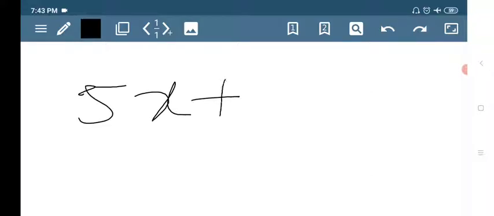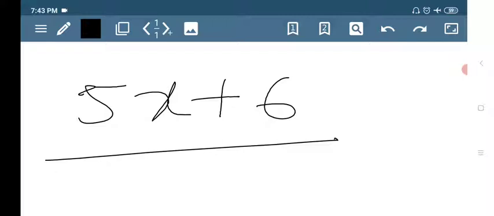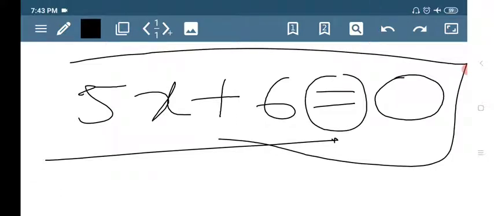So look here, 5x plus 6 is an algebraic expression. When you put equals to something or equals to 0, after the equals sign, it becomes an equation, an algebraic equation. So now in equations, there are different types of equations.